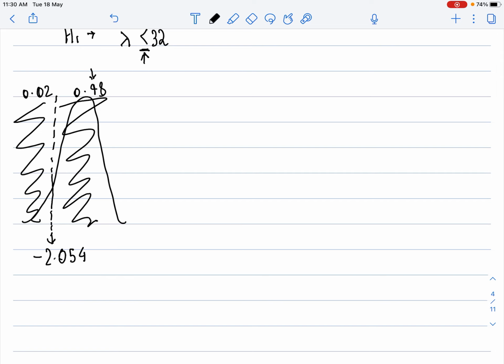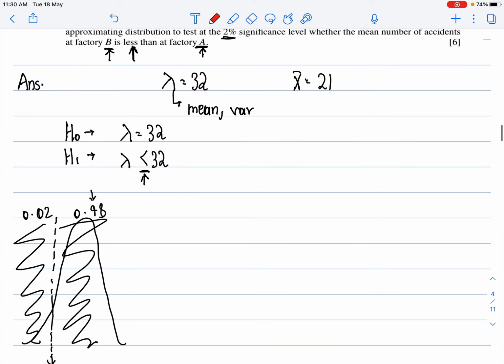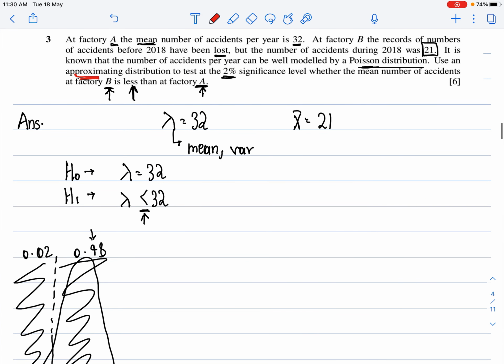Now comes the important part. They have asked us to use an approximating distribution. So how can I convert a Poisson to a normal, where the normal has mean comma variance, so it's lambda comma lambda?